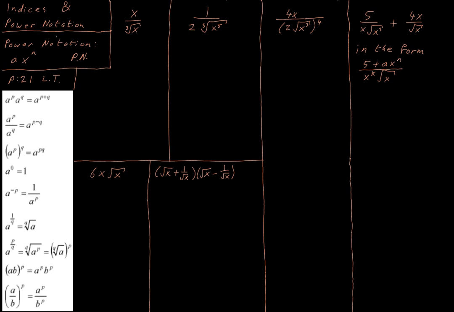Hello. Now we will look at indices or powers, particularly in the context of writing things in power notation, which is useful in certain parts of the course. So power notation means we write the variable, usually x, to the power of some power.